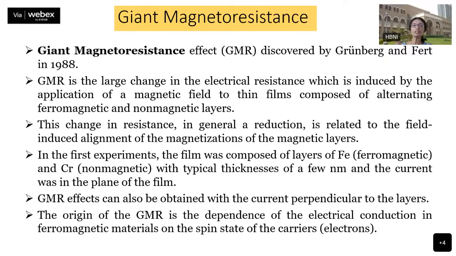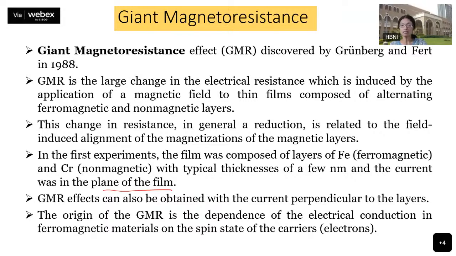So when you apply the field, the magnetizations in these magnetic layers become aligned, and this causes a change in the resistance. In the first experiment, done in 1988, the films were composed of layers of ferromagnetic iron and non-magnetic bromine, and the typical thickness was around a few nanometers, and the current applied was in the plane of that particular film which was made.